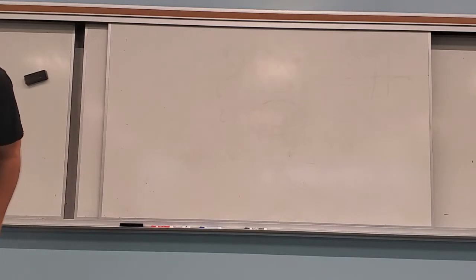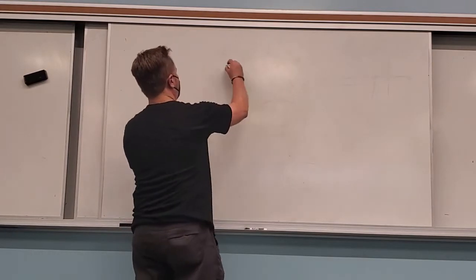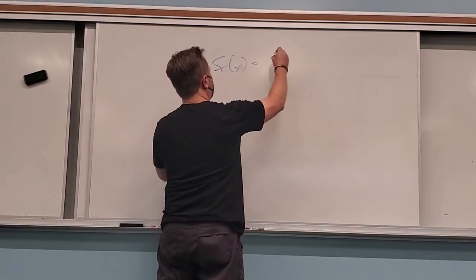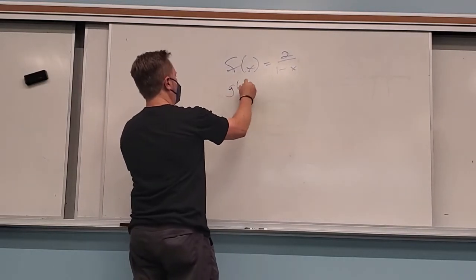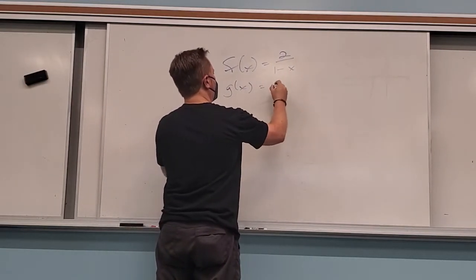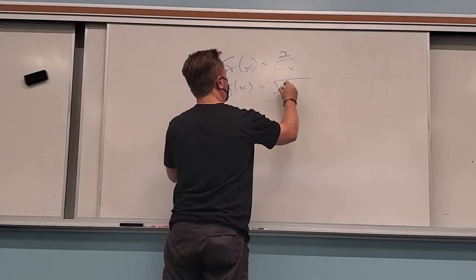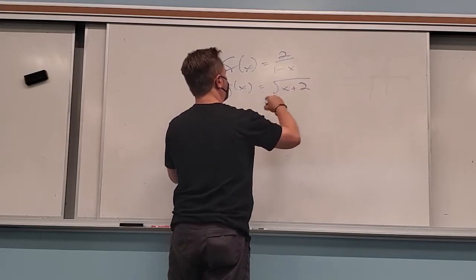So let's say I'm given f of x is 2 over 1 minus x, and g of x is square root of x plus 2.